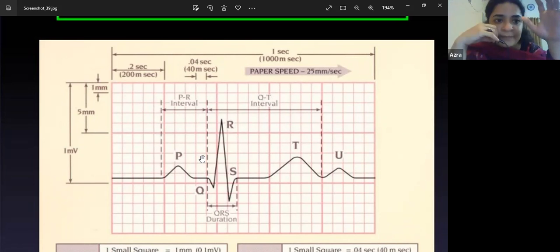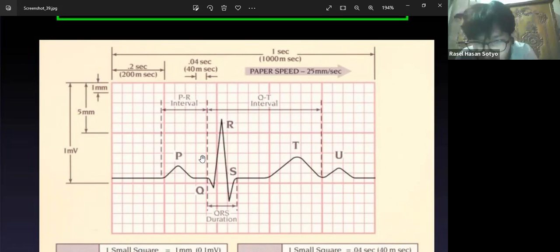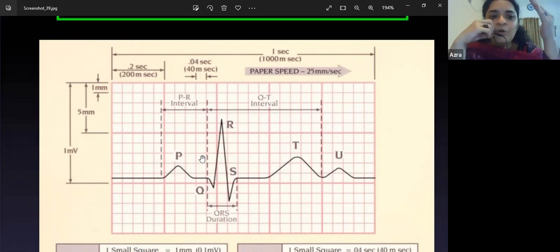I'm giving you an example: how much time will you take? What's the duration? It means the other person wants to know about the time. Duration may be in months, days, hours, minutes, whatever, depending upon the situation. So in ECG, just remember that interval and duration always show the time.